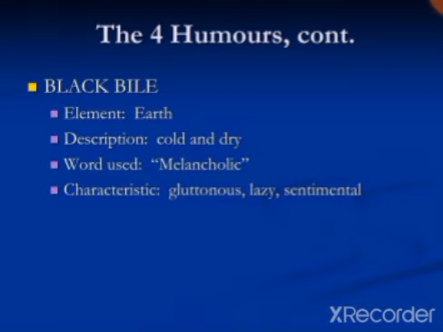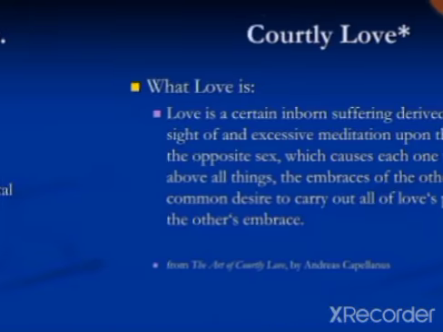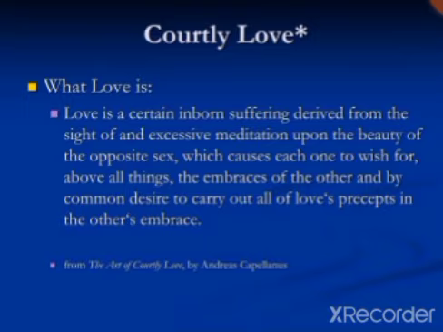And the last one, black bile, corresponding to the element earth: the person would be melancholic in nature, lazy, sentimental, gluttonous. So those are the four humors. Sometimes for short answers you will get a question to comment on the four humors during the medieval period.